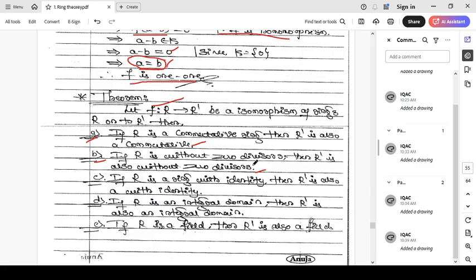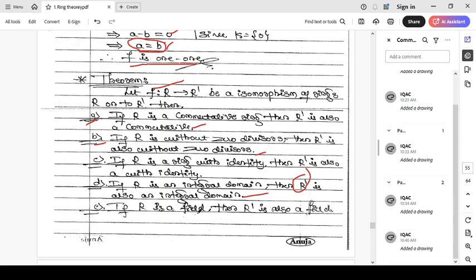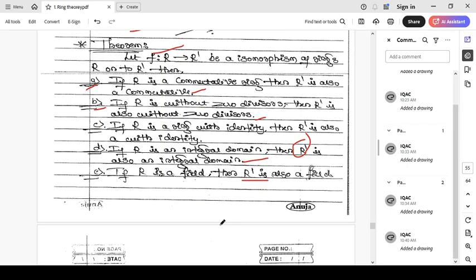That is zero divisors. But without zero divisors means, apart from that condition, it is not having zero divisors. If R is a ring with identity, then R' is also with identity. If R is an integral domain, then R' is also an integral domain. If R is a field, then R' is also a field. We need to show that.